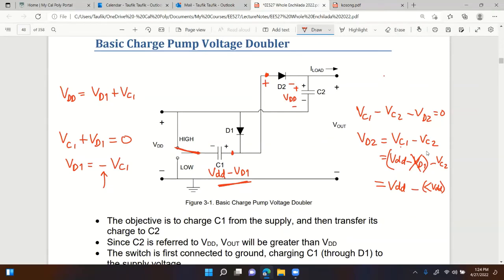So what do you get if you subtract a number that is smaller than VDD? Then you get a positive value, right? So that means D2 is forward bias, because it's a positive value. Again, because voltage across C2 should be less than VDD by now, whereas voltage across C1 is at VDD, assuming diode is 0. Any question on this?